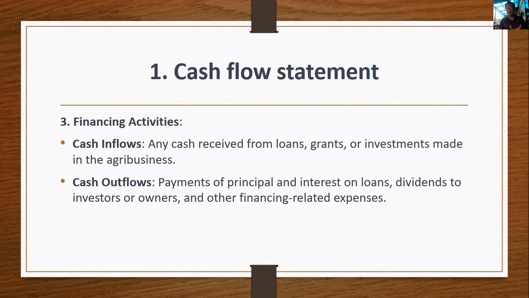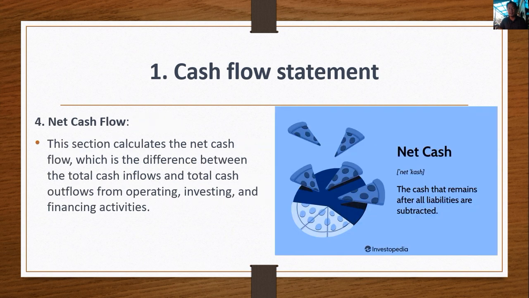And your cash outflows are payments of principal and interest on loans, dividends to investors or owners, and other financing-related expenses. Then the net cash flow section will calculate the net cash flow, which is the difference between your total cash inflows and your total cash outflows from operating, investing, and financing activities.